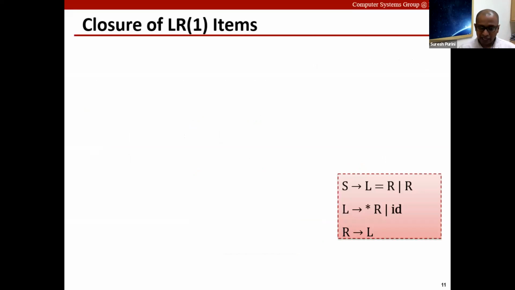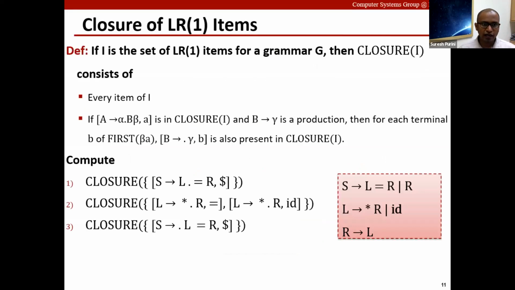And the next idea is what is called the closure of LR1 items. If you take an LR1 item set, let's say I is the set of LR1 items, we are defining what the closure of I consists of. Closure of I consists of every item of I. This is the base condition or the base case.